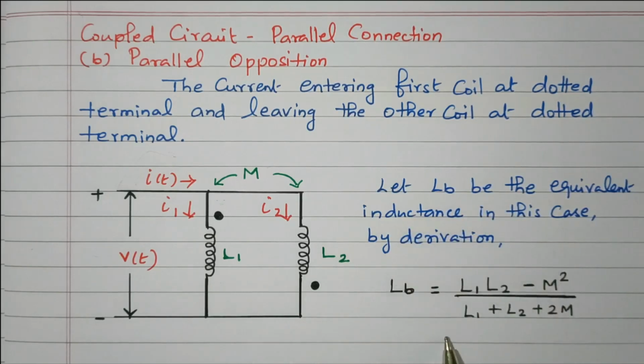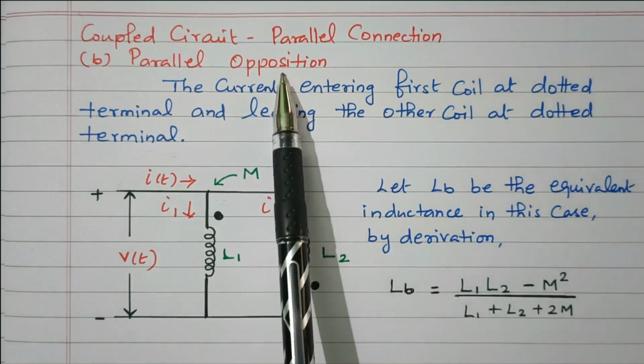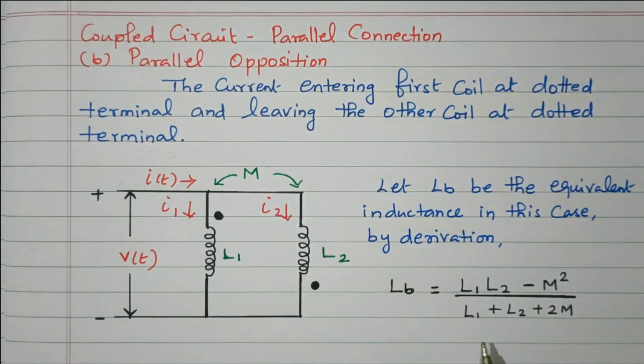By derivation we got this value: L1 L2 minus M square, divided by L1 plus L2 plus 2M. This expression we got from the previous derivation. That was parallel adding; this is parallel opposition. In parallel adding we got minus 2M here. Because of parallel opposition, it is changed to plus 2M.